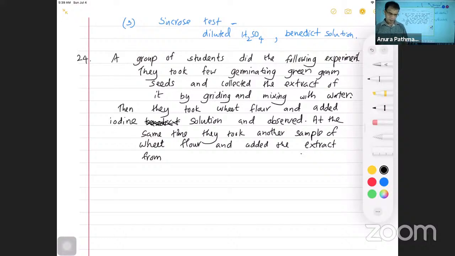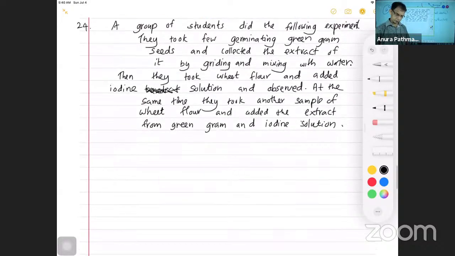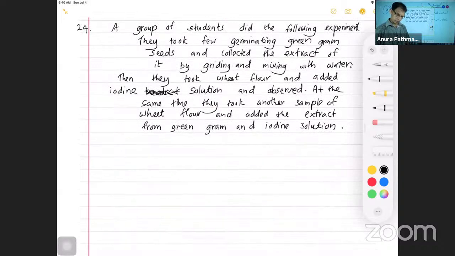At the same time, they took another sample of wheat flour and added the extract from green gram and iodine solution.